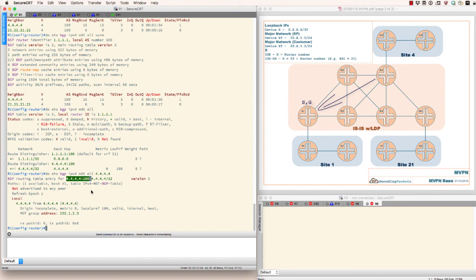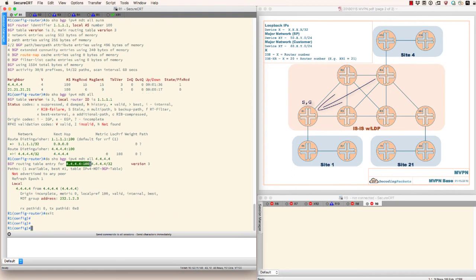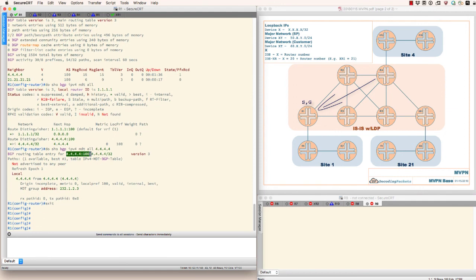The MDT group address and the address for the router itself, which is 4444. So now what we should see here then is R1 and R4 should start building those trees to each other. So let's take a look at that. Do show IP mroute.